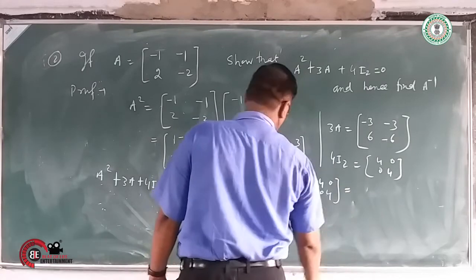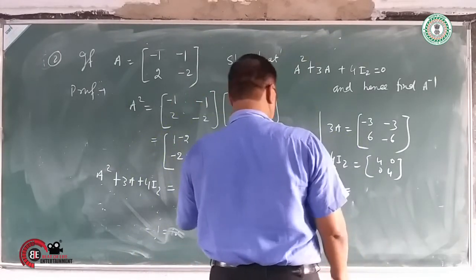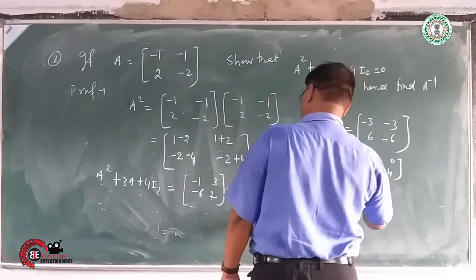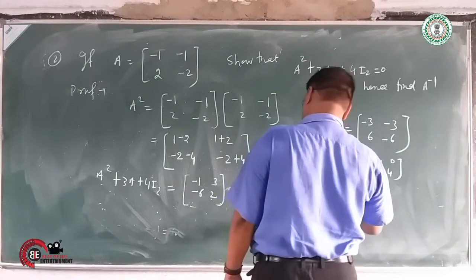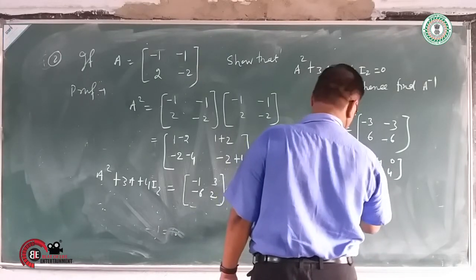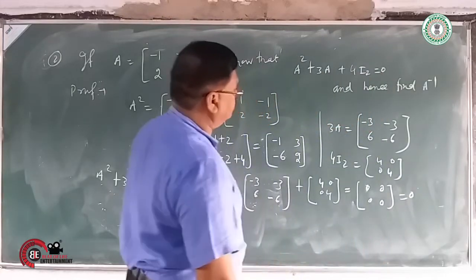So what I am getting is 0, the zero matrix. So it is proved.